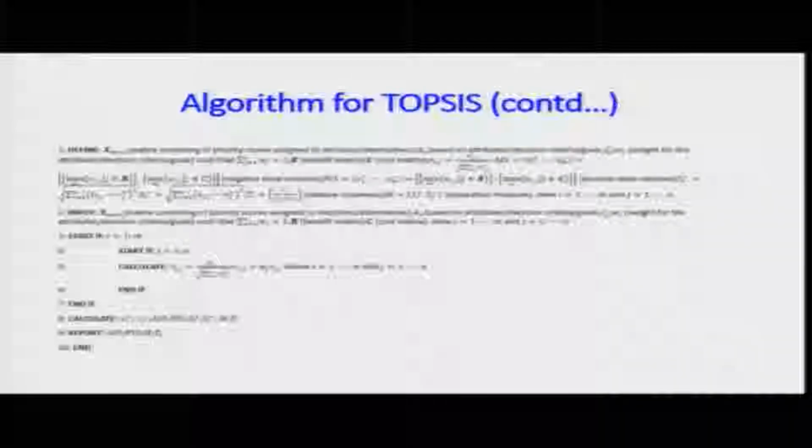So, cell, for example, A11 would be the corresponding value coming out from criteria 1 to alternative 1. Similarly, cell A31 would be the corresponding value given by criteria 1 to alternative 3 and so on and so forth.